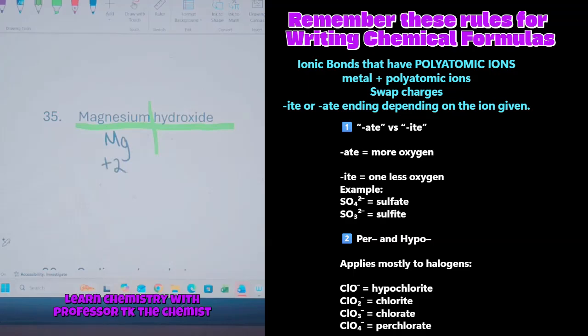And not that I'm picking on you, but because you're not aware, you're not being on the lookout. All right, you got a BOLO. Be on the lookout for the charge that it's going to pick up on the outside of the parentheses. So magnesium is going to pick up the 1. So that's Mg, but the 1 is understood.